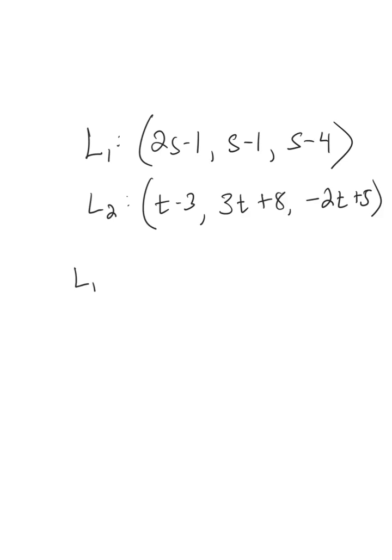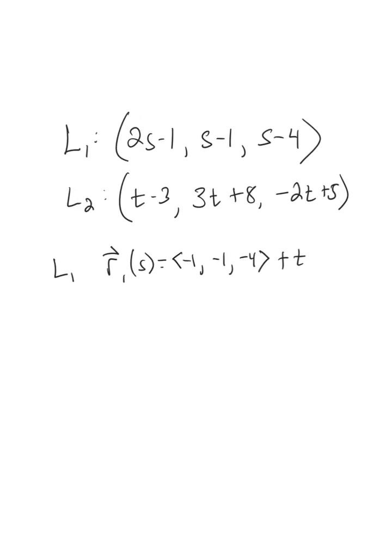So for L1, if you look at the constant terms, that's going to be giving us that R1 of s, because your parameter is s, would be equal to the starting point vector of -1, -1, -4, plus t times, now looking at the variable terms, the coefficients.